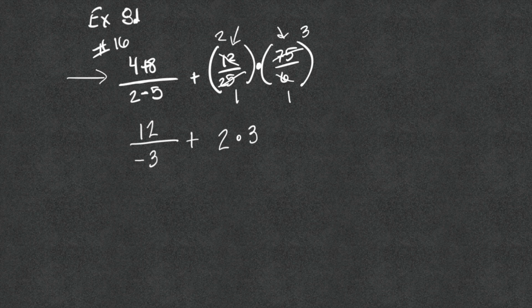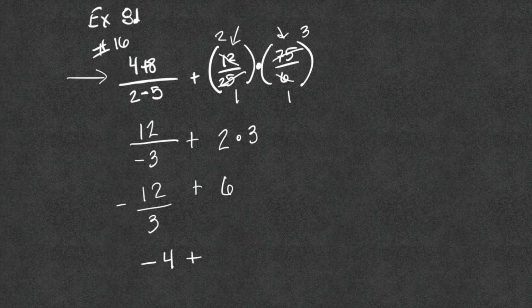Now what do I do next? I have to do the multiplication next. So 2 times 3 is 6. Now I have the negative 12 thirds, and I moved the negative out to the side to logically move through this a little better. So I can reduce that fraction. 3 will go into 12 how many times? 4 times.